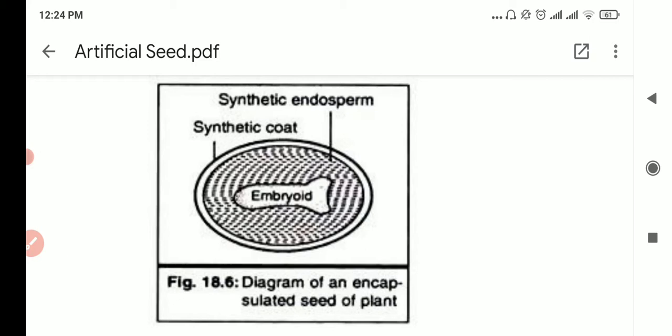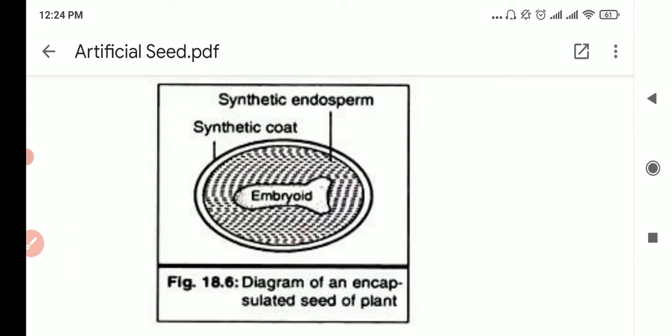Those micro and macronutrients come in powder form. Then you mix it well in one beaker: all the micronutrients, all the vitamins, all the amino acids, etc. You dissolve it, you add some agar, and your artificial endosperm is ready.